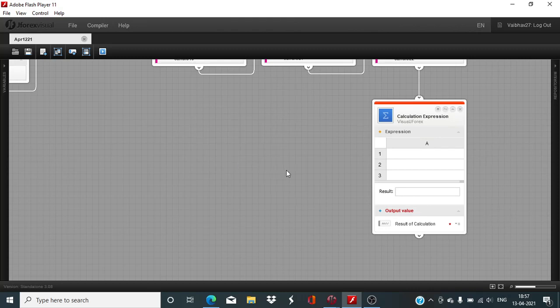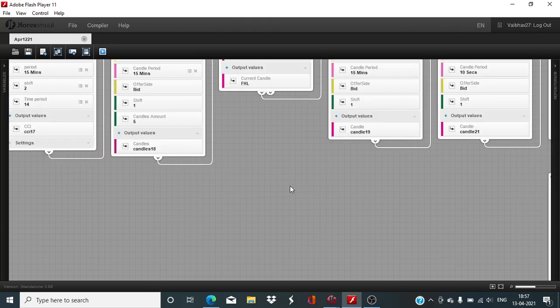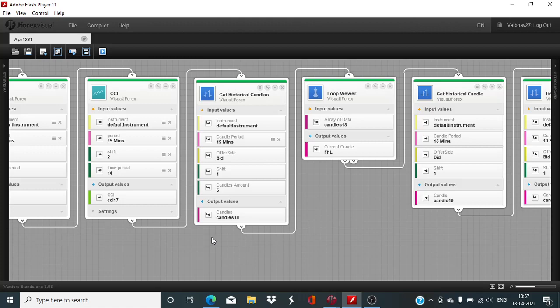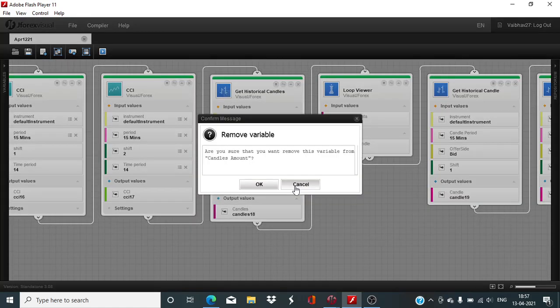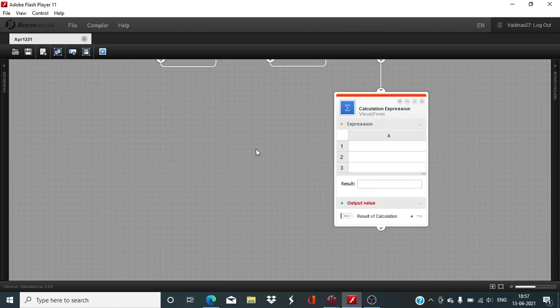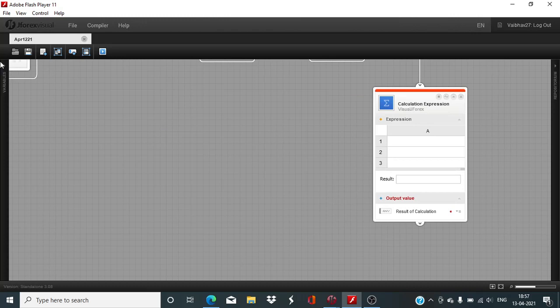We want the price difference between the high and low for the last 4 15-minute candles to be more than 12 pips at least. So this candle amount needs to be changed to 4. Okay, and here we will create the 12 pips value.